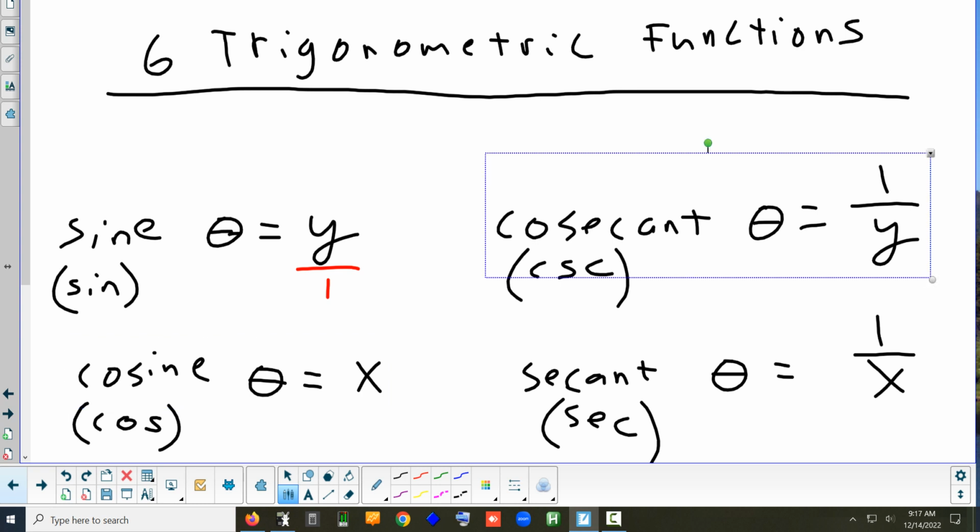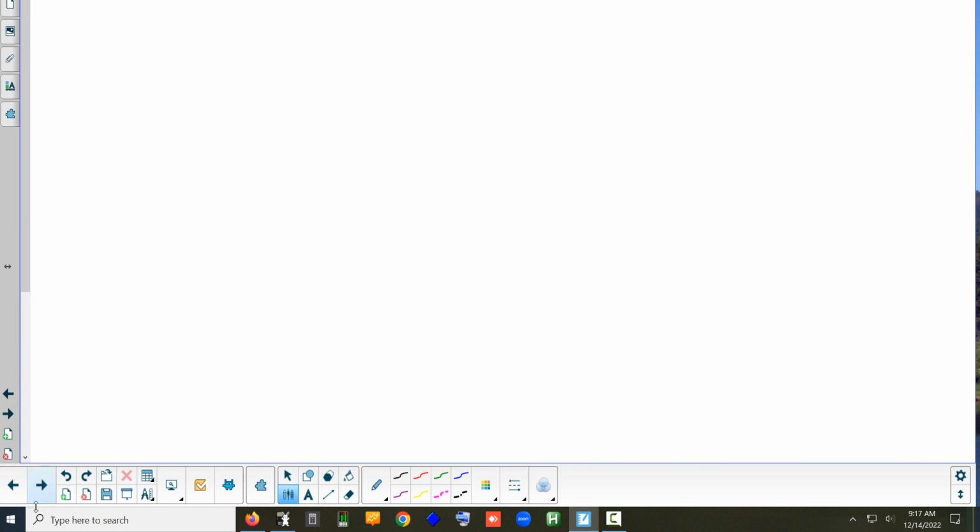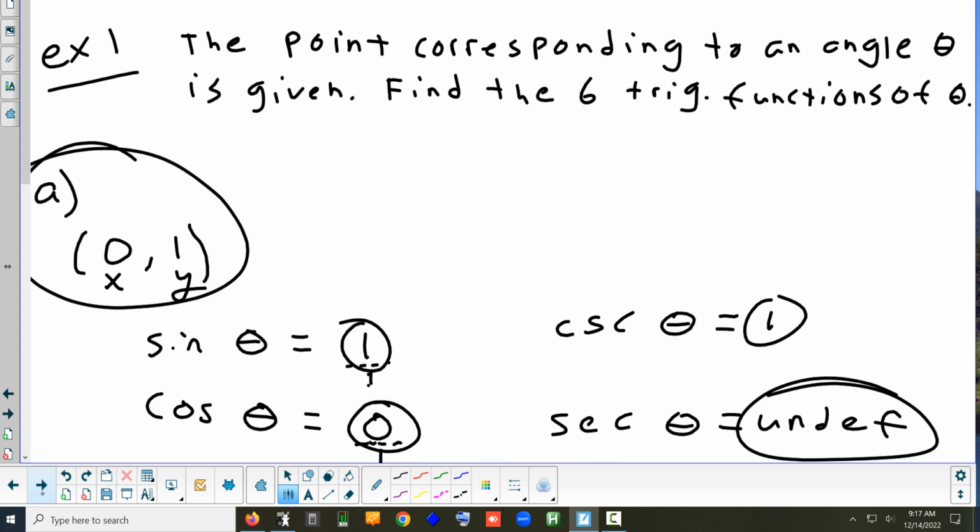So like 2 over y in your case and 2 over x. But we're not really going to do that. But yeah, all these formulas change a little bit. Basically, everywhere that you have a 1, it would change to a 2, or a 3, or a 4, whatever your radius is. But 1 is easy to work with, so that's why we do it.